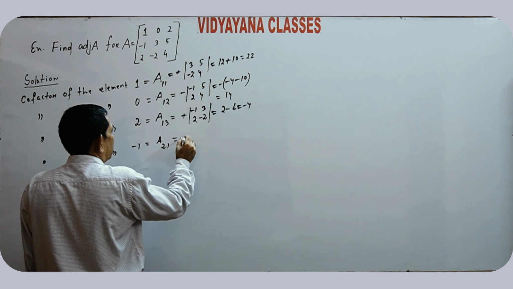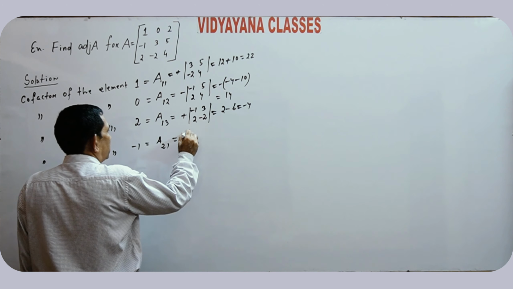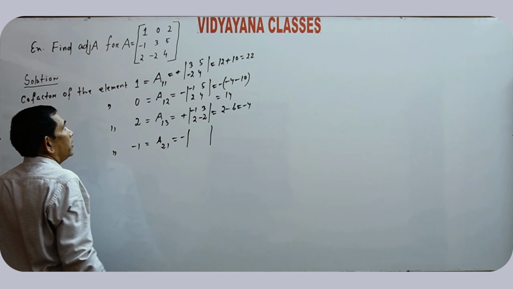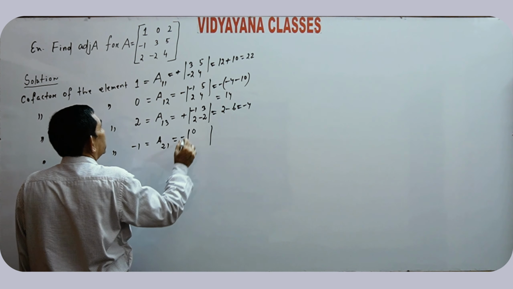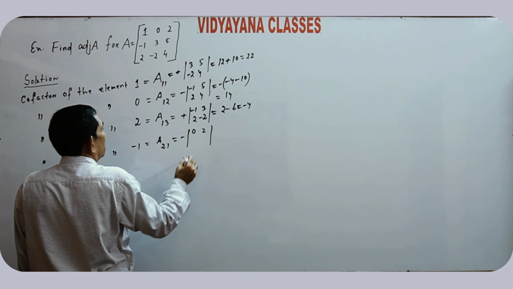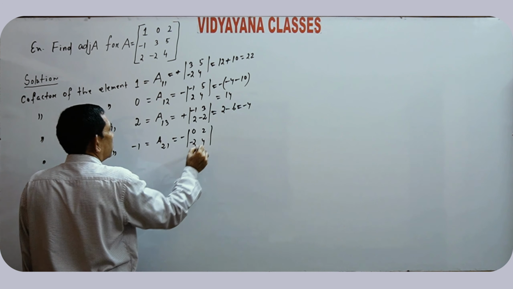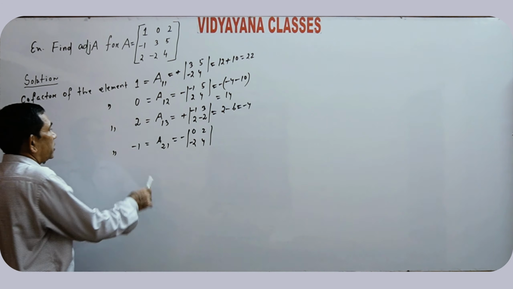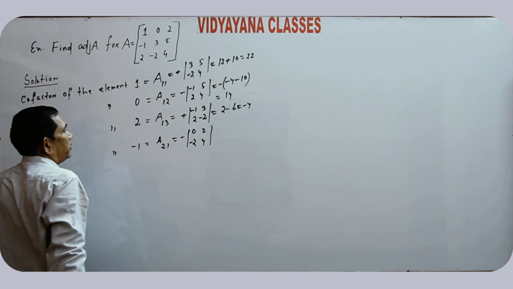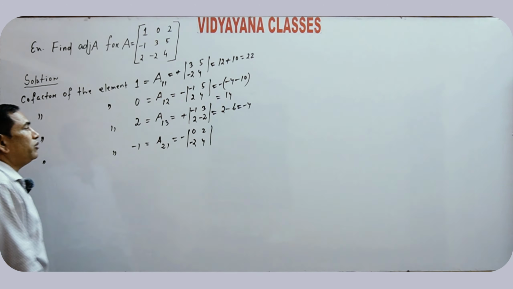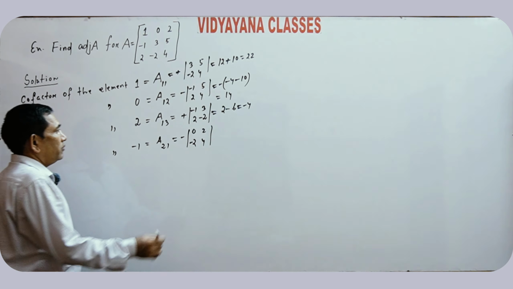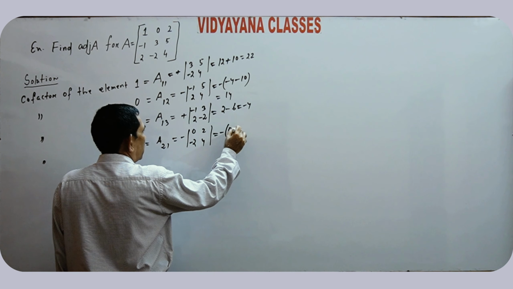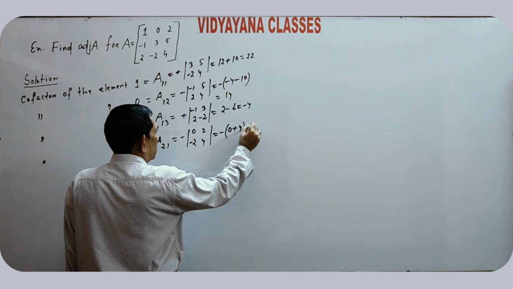Its sign is negative, into the determinant obtained by deleting the second row and first column, having elements 0, 2, minus 2, 4. This is equal to minus of 0 plus 4, which is equal to minus 4.